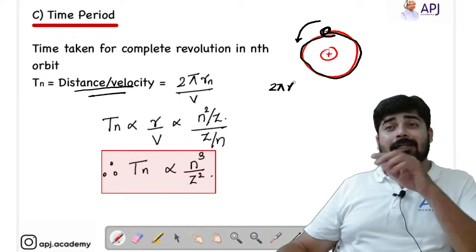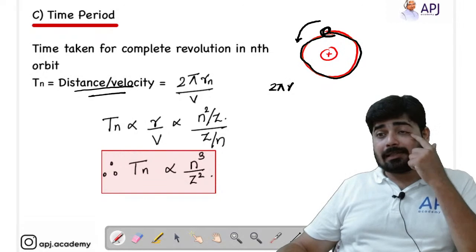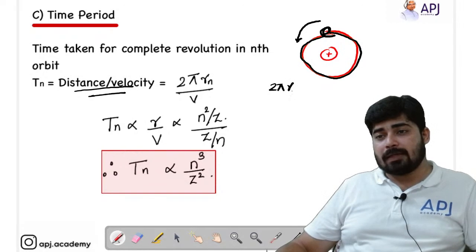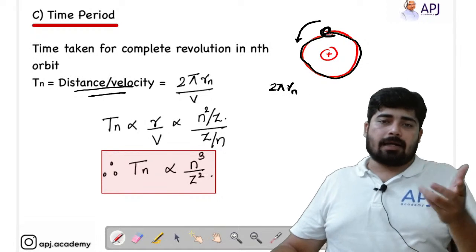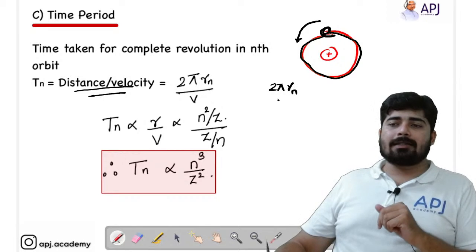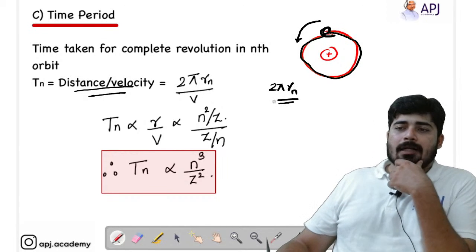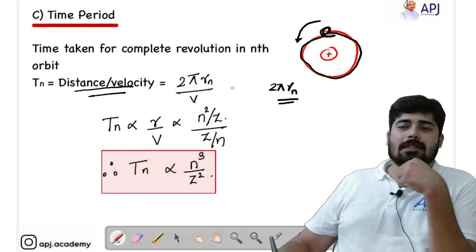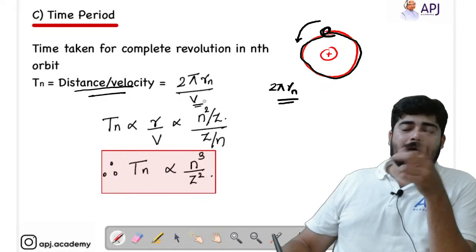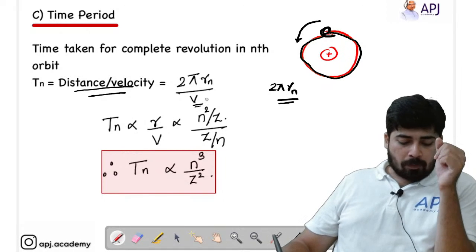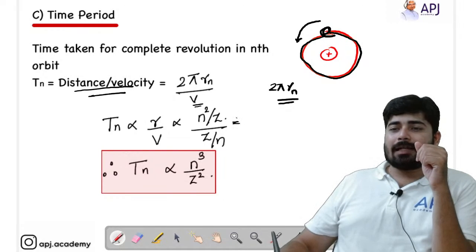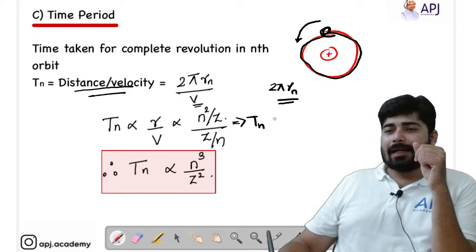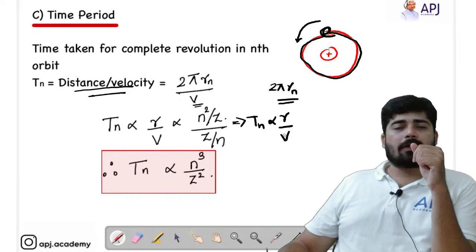So if you are considering a particular orbit, we can generalize the orbit as the nth orbit. For the nth orbit, the radius will be Rn. So I can write the time period as 2 pi Rn divided by V, the velocity, that is the speed with which the electron revolves. Now from this relation, time period is directly proportional to radius and inversely proportional to velocity.